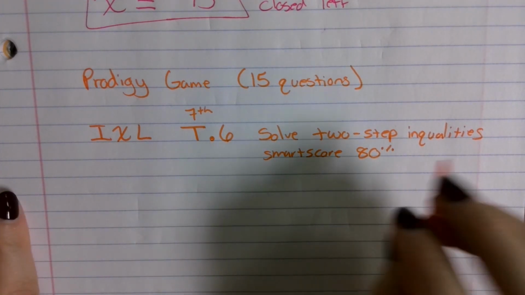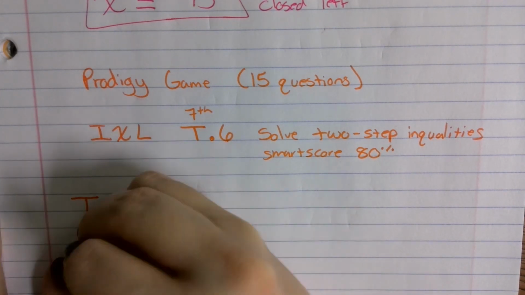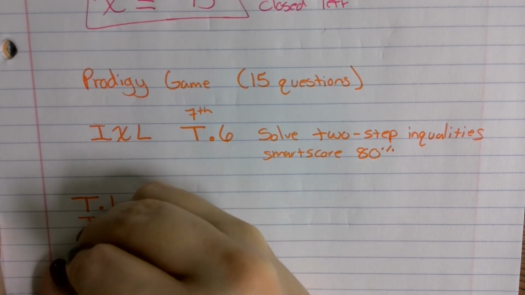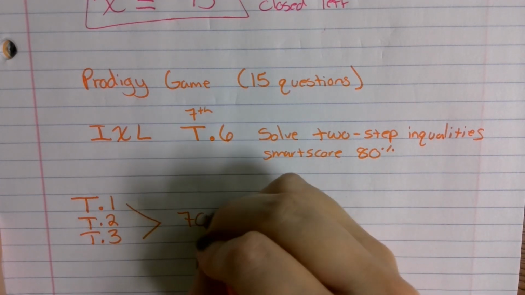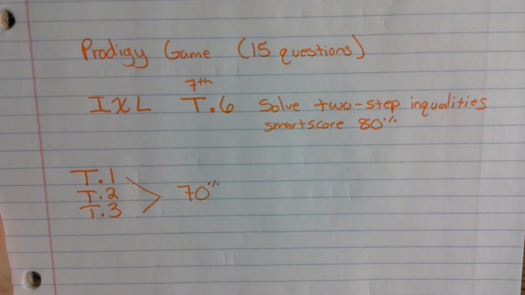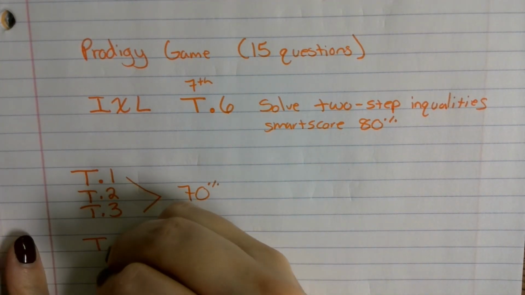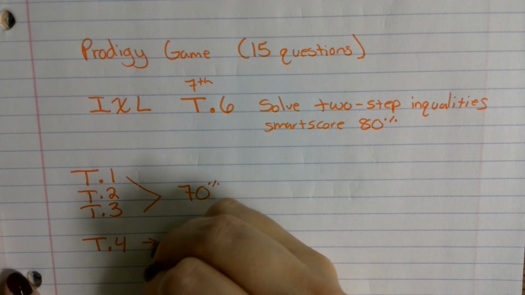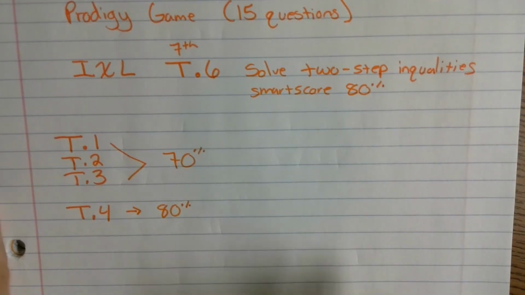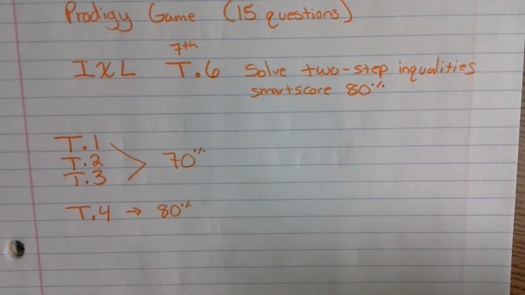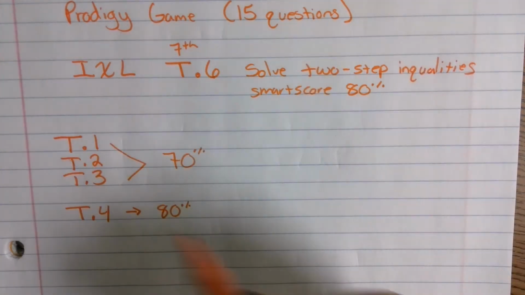That's what's required. So you were assigned T1, T2, and T3. Those needed a 70% for SMART score. You were assigned a T4. That was supposed to have an 80% completion. Now you've got a T6 with an 80% completion. I'm going to combine all of it together.